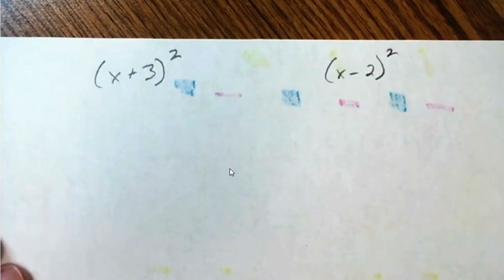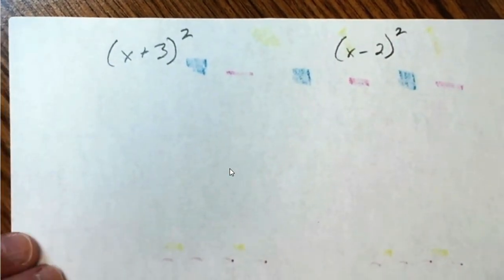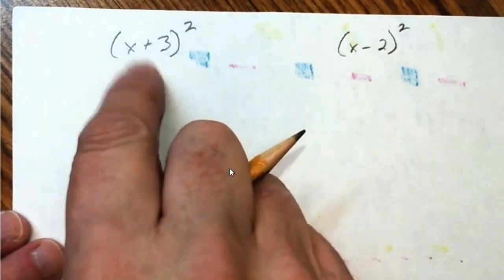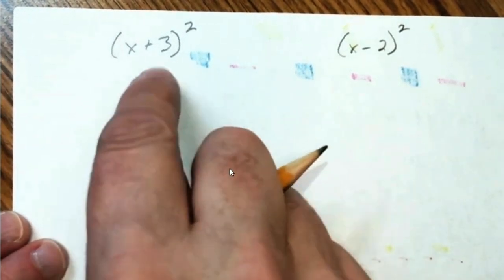We'll look at a couple of examples of squaring a binomial. And this is going to result in what we call a perfect square trinomial, because the trinomial is going to be a perfect square, x plus 3 times x plus 3. So let's do the math to see what this trinomial is going to look like.